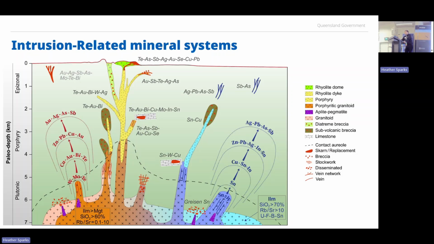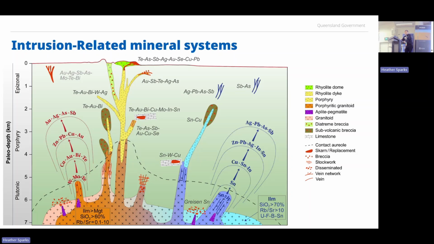And one important common characteristic between tin systems and intrusion-related gold systems, particularly interesting to me, is their distal products. That's where they start losing their direct links to causative magmas. Quite often that relationship becomes equivocal at best.